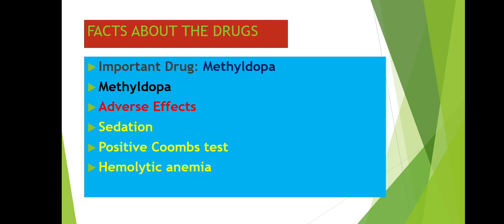When we say positive Coombs test, what happens is that this particular medication is very dangerous to the red blood cells. What does it do? It damages the red blood cells.